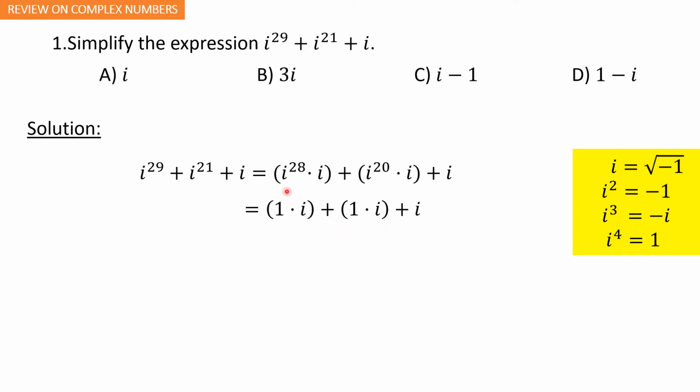Next, let us now replace i raised to 28 ng positive 1. And then, same as well to i to the 20 ng positive 1. So, 1 times i is i, 1 times i is i, plus i. So, adding up, i plus i plus i, the result is positive 3i.